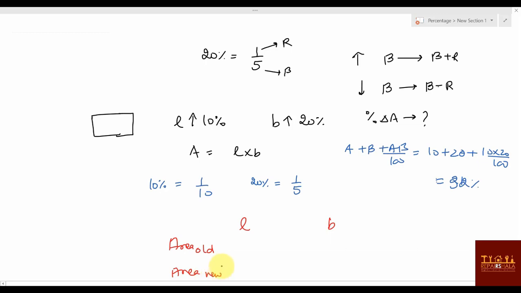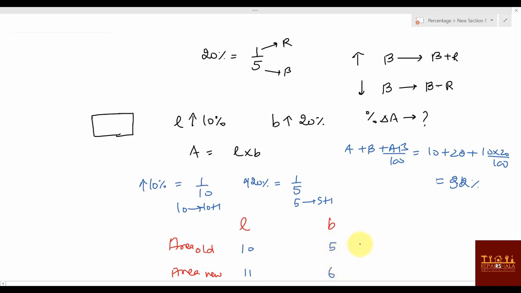Now when increase is happening, this is increase, and this is also increase. Length will become 10 will become 11, yes or no? 10 will become 11 and here breadth will become 5 will become 6.